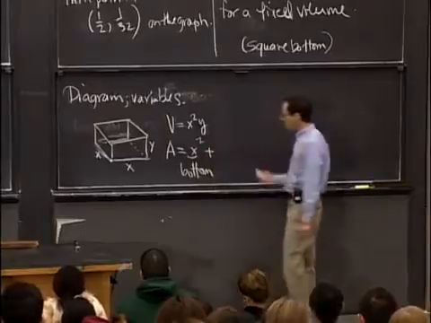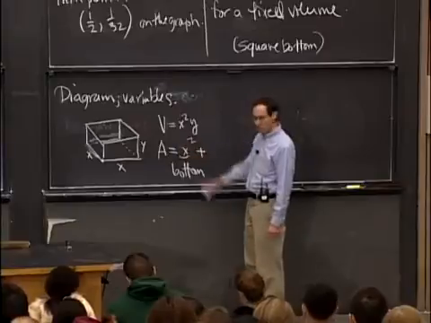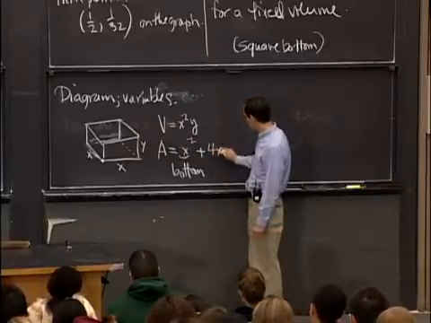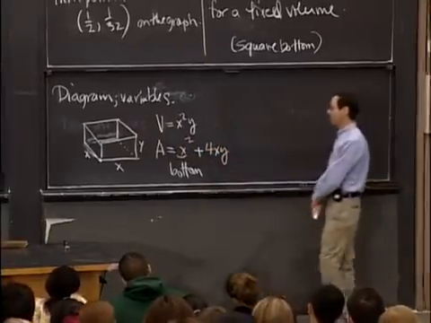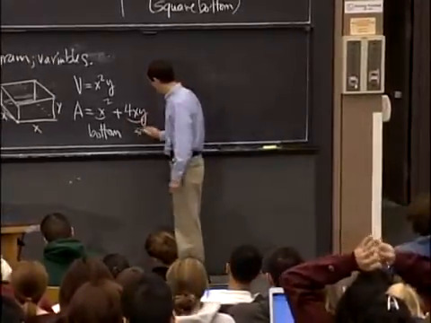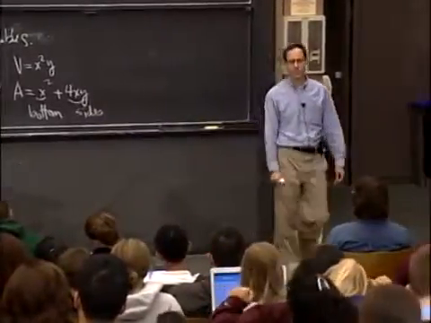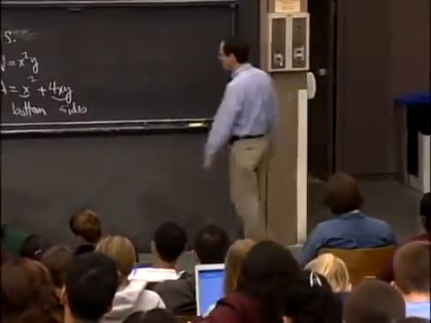And then there are the 4 sides. And the 4 sides are rectangles of dimensions xy, so it's 4xy. All right, so these are the sides. And remember, there's no top. So that's our setup.